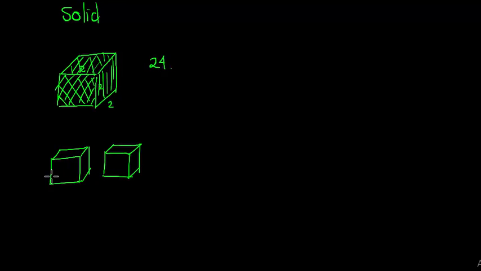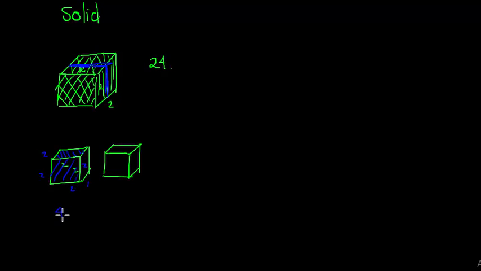There's my 2 halves. Now it's still a 2 by 2, but since I cut it in half down here, if you can't see it due to my poor sketch, it's now a 2 by 2 by 1. So this is still a surface area of 4, and the back is still a surface area of 4, but now the sides are a surface area of 2, 2, 2, 2.